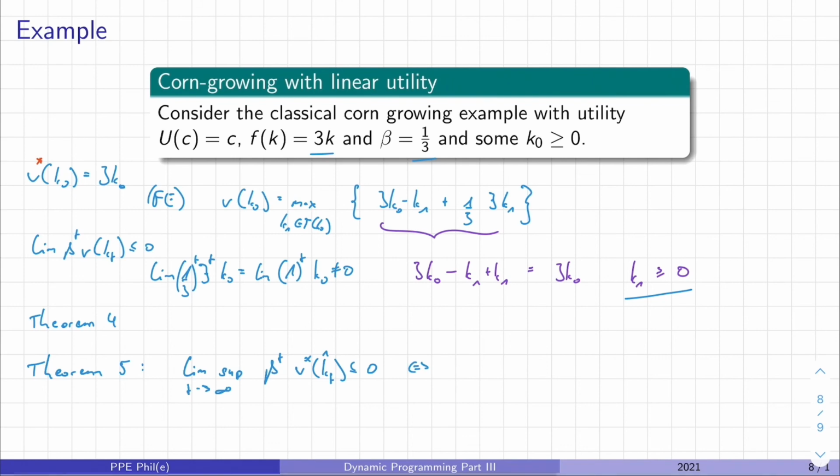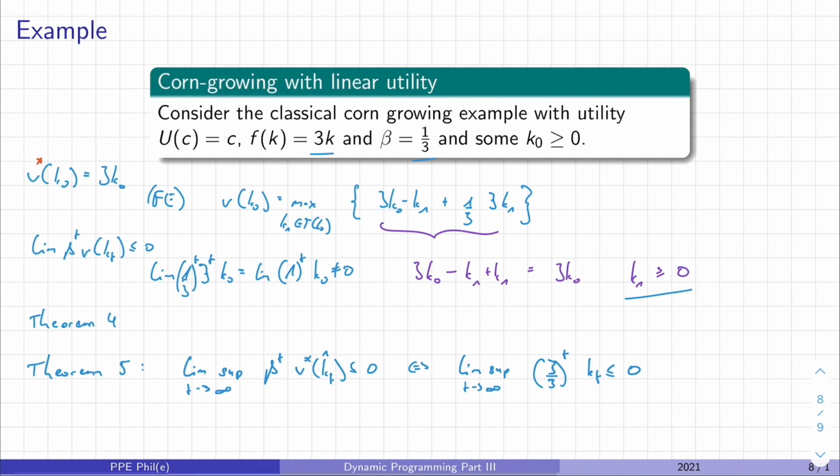Now, knowing what our candidate function is, we can translate this to the limit supremum of 3 over 3 to the power of t times k_t, which must be smaller or equal to 0.